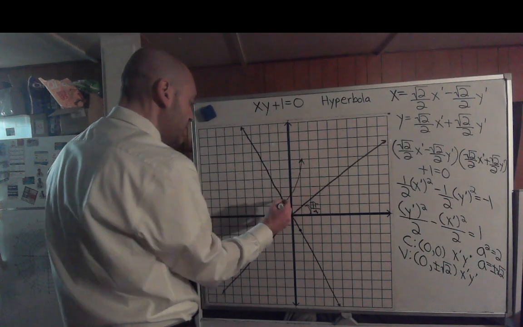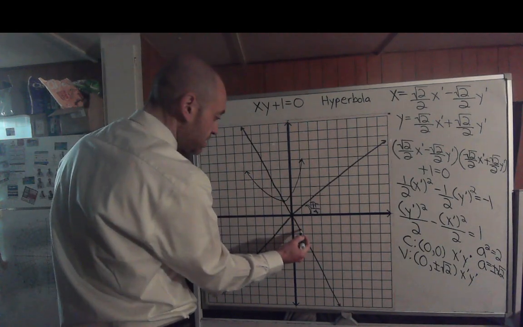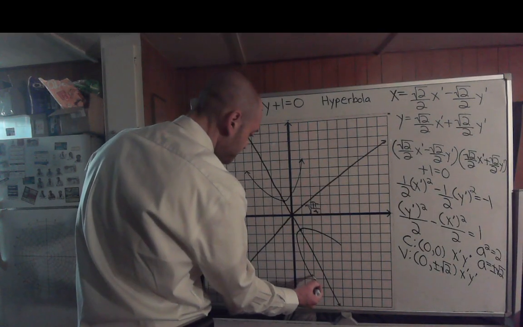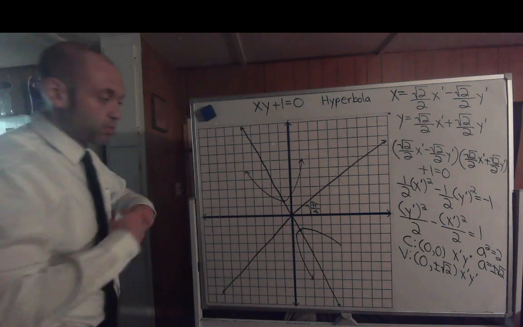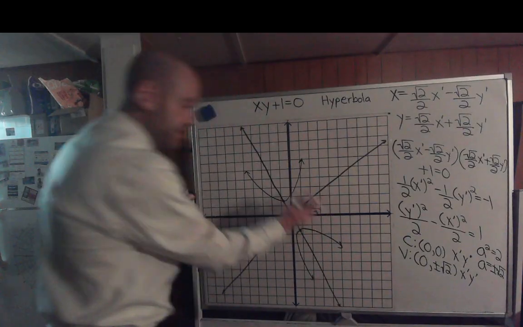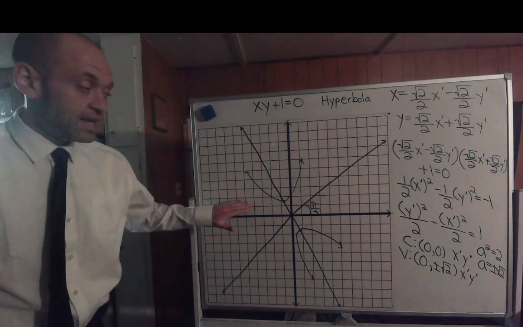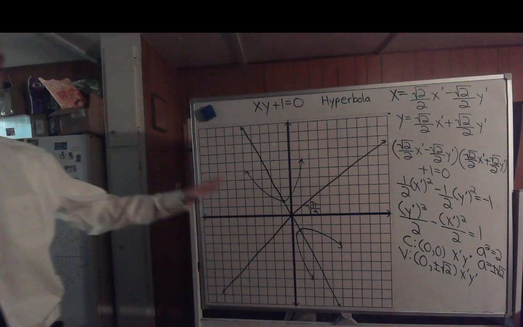We're just going to draw the hyperbola. So look at this. There is going to be your distorted hyperbola. See how tilted that is on the x prime y prime axis? I think it's kind of cool how you can rotate these and get something completely different than what we're used to.